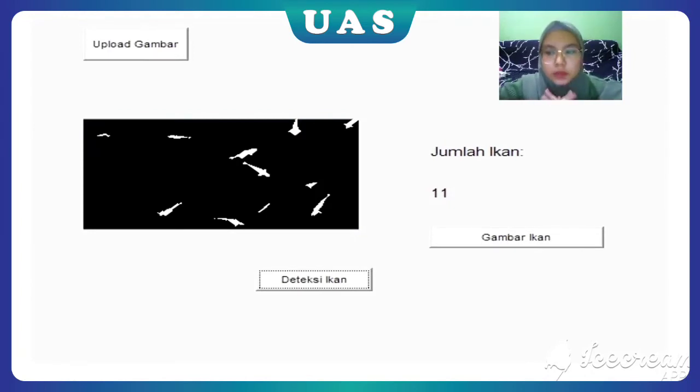After that, the object detection process can occur when an image has been inputted and the fish detection button has been clicked. The image detection process begins by clicking the fish detection button, and then the image undergoes several processes such as conversion from the RGB picture into grayscale, and then we apply thresholding to turn it into a binary image.